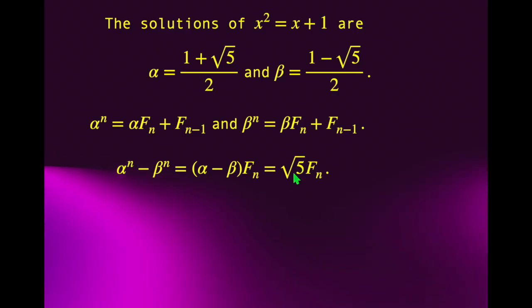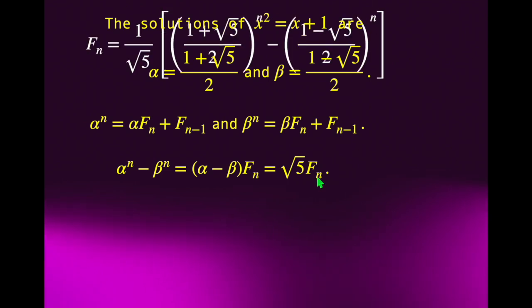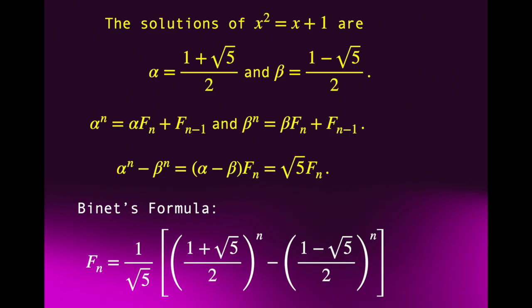Alpha minus beta is the square root of 5, and now we get Fn, which is Binet's formula.